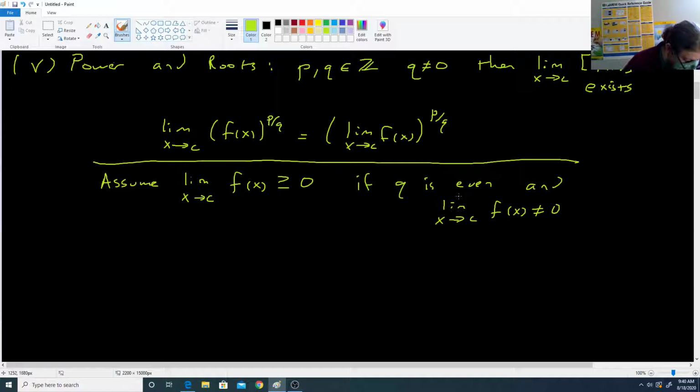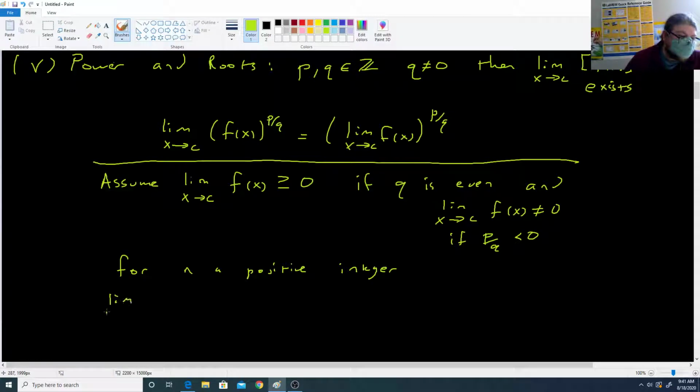Then for n a positive integer, we get the following relationships.